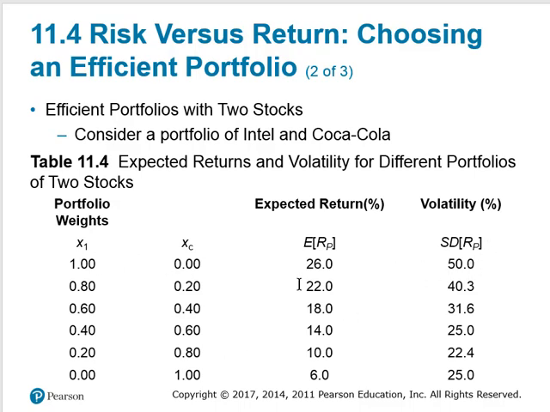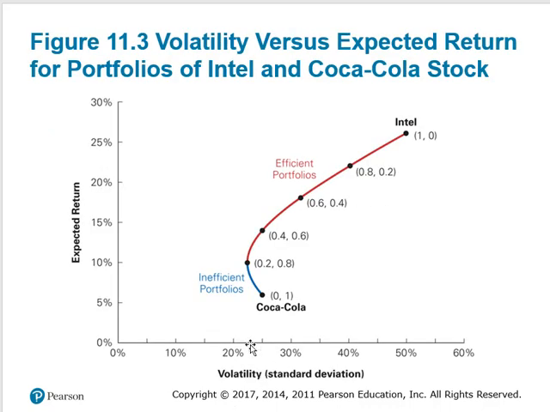We then calculate return and volatility based on the weights that are in the portfolio. In the end, we end up with a graph. This graph represents all the combinations on this line of Coca-Cola and Intel. So at each end is 100% investment in each asset, and everywhere between on this line is some long position, that is, you're buying both assets between these two points.